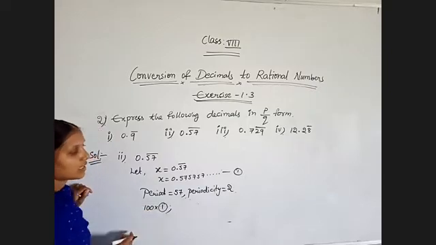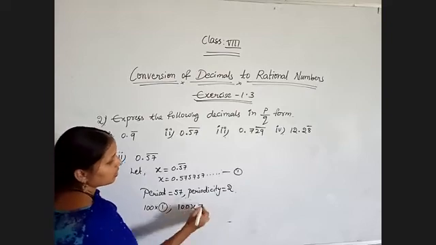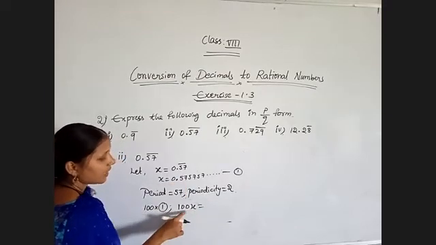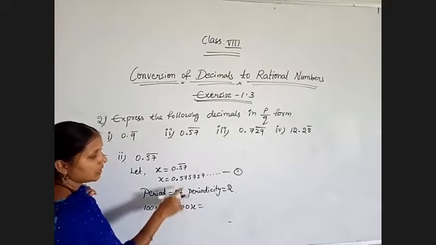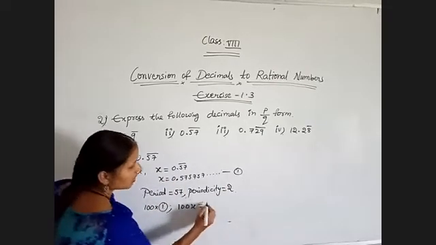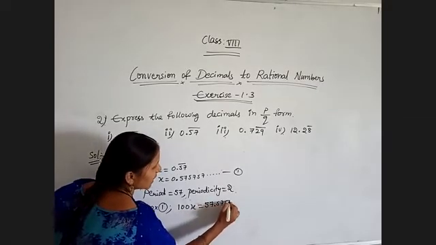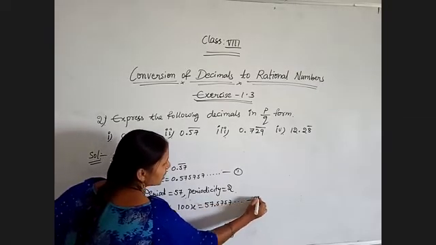What will we get? 100x is equal to... whenever we multiply with 100, the point will move right by 2 steps. So that is 57.5757 and so on. Equation 2.